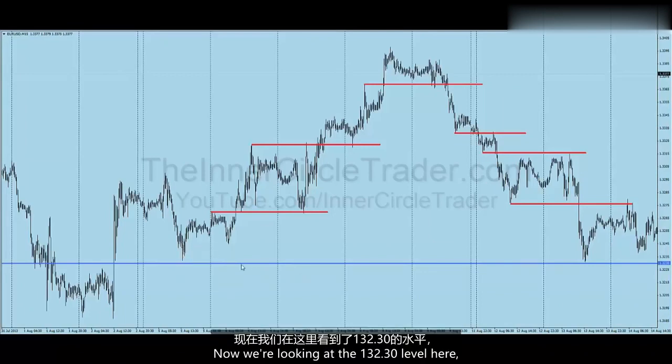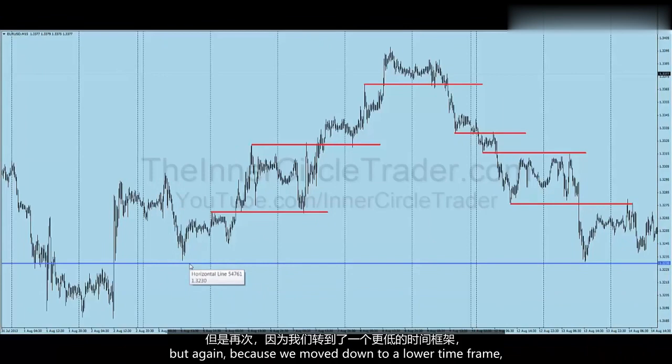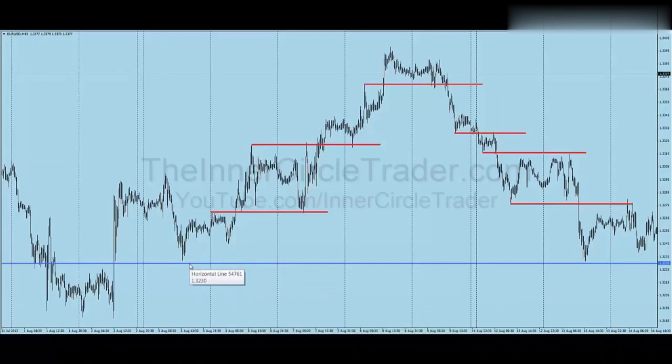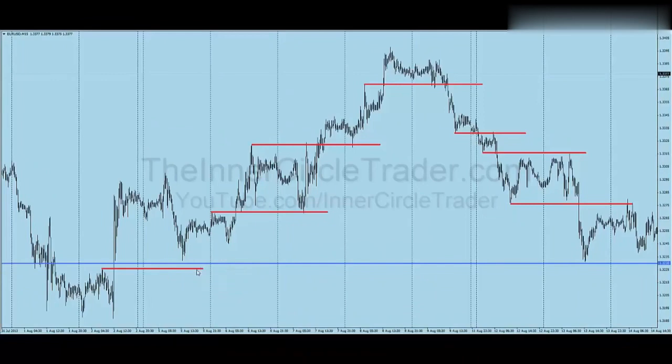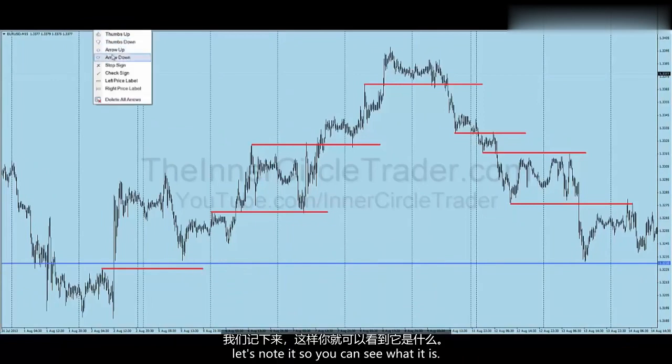But prior to this price drop, I'm going to ask you, what do you see here? We're looking at the 132.30 level here, but because we moved down to a lower time frame, what other level stands out? You see this high here, the short-term high? Let's note that. I will admit it's not very much in terms of difference between here and here.